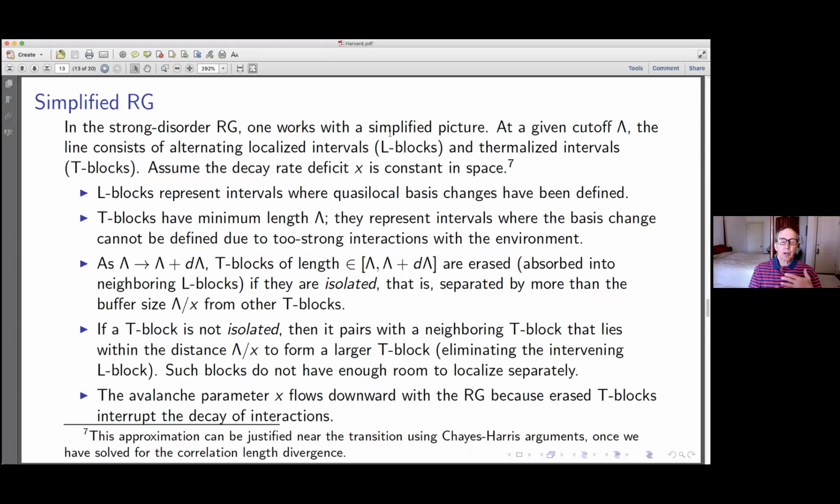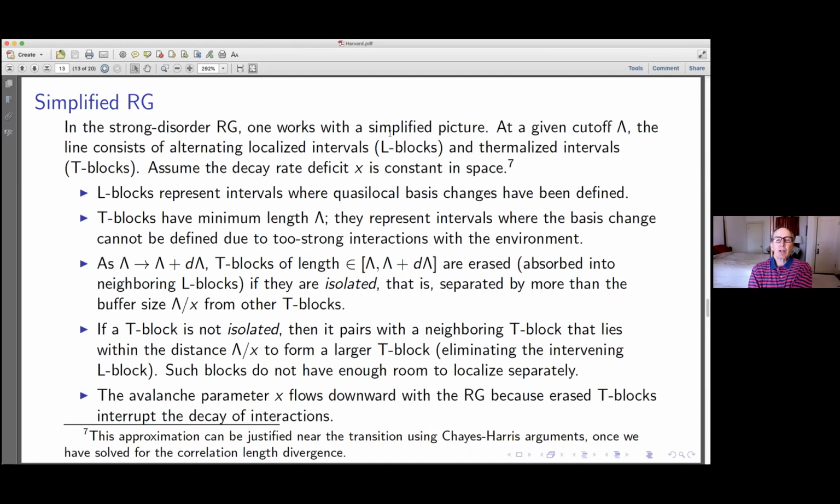Certain regions which have weaker disorder than others will tend to thermalize first, and it's really the interaction between these regions, as I discussed a moment ago with the avalanche considerations, which leads to an answer to the question of whether these localized regions take over the whole lattice or whether they remain as isolated blocks.